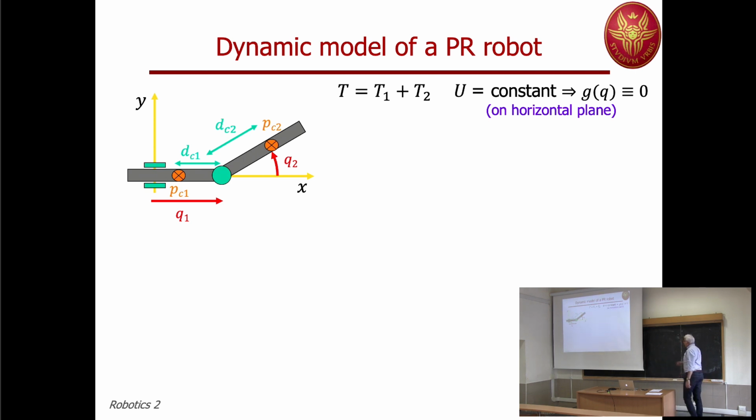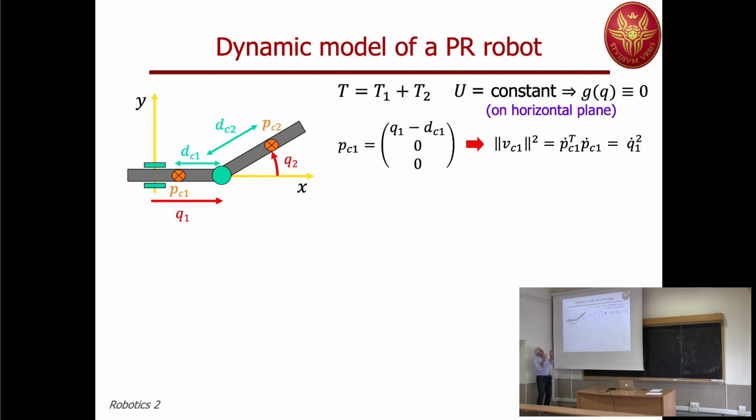And similarly, q2 may not be the Denavit-Hartenberg variable theta in this case, but it's very convenient because with q2 we characterize very easily the position of the center of mass 2, and therefore we can compute its velocity. Okay? So these are two generalized coordinates that we choose. They are very convenient for computing the quantity that we need. In our case, only the kinetic energy of the two links.